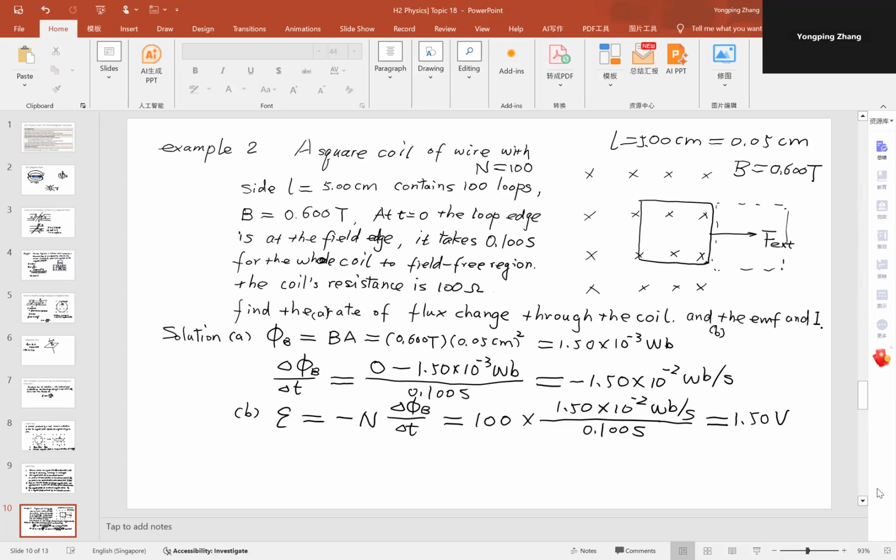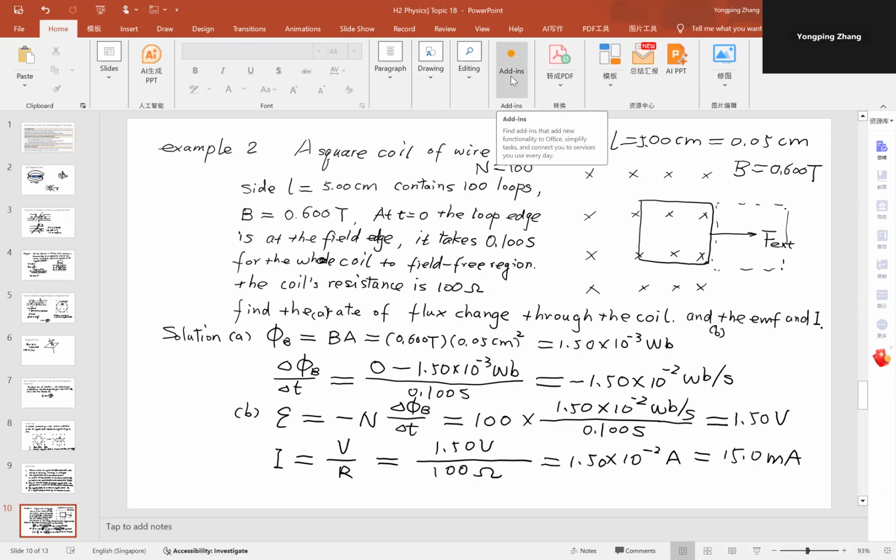Find the current: I equals V over R, with R equal to 100 ohms, which equals 15 milliamps. This is the solution.